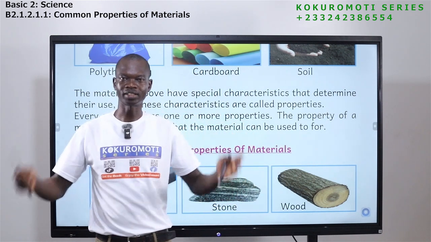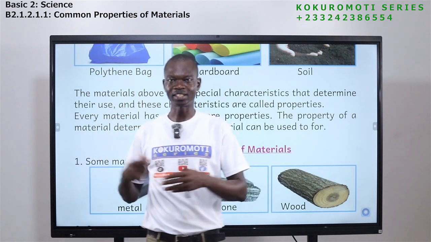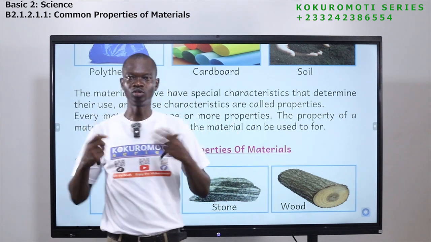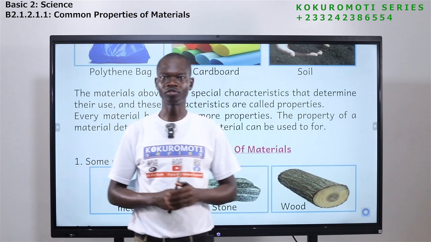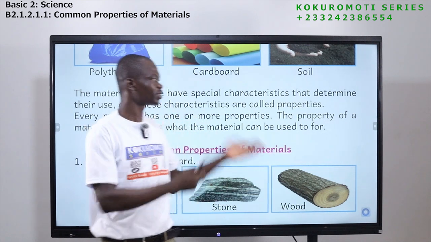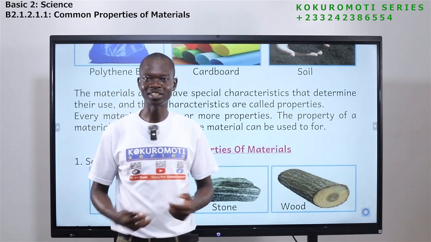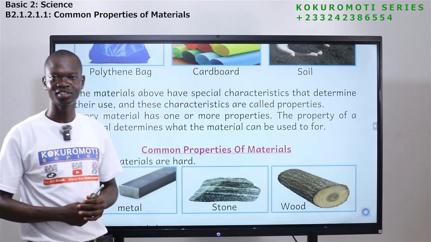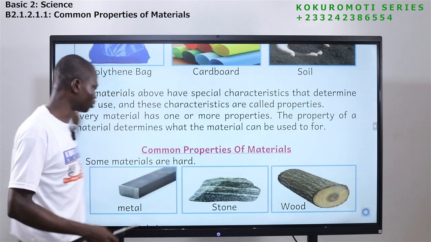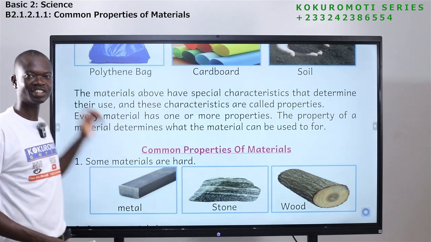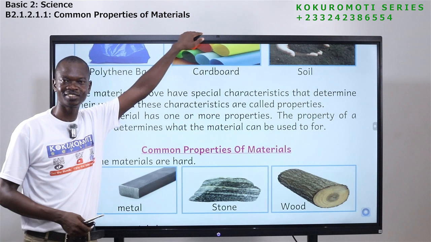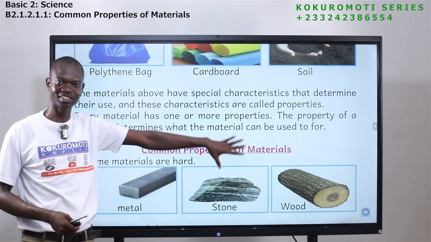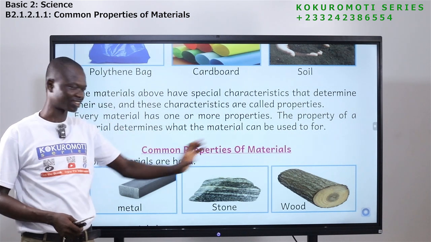So if you want to get a table, you know the materials that you need to go for. If you want to have something like this, you should know the materials that you have to go for. I hope you will not go for soil if you want to have a TV. But you go for metals. You go for grass. You understand it? Okay.